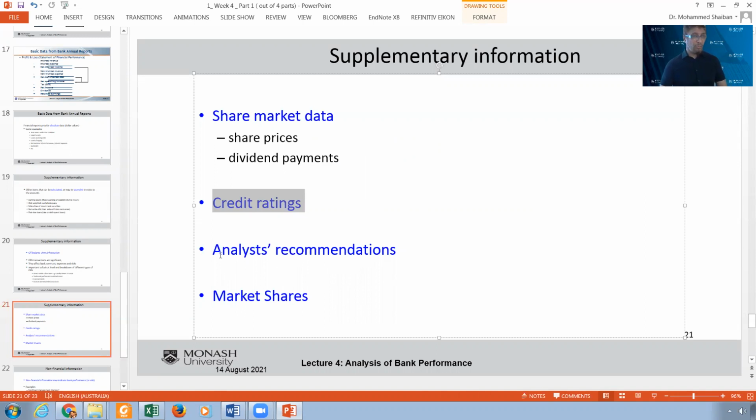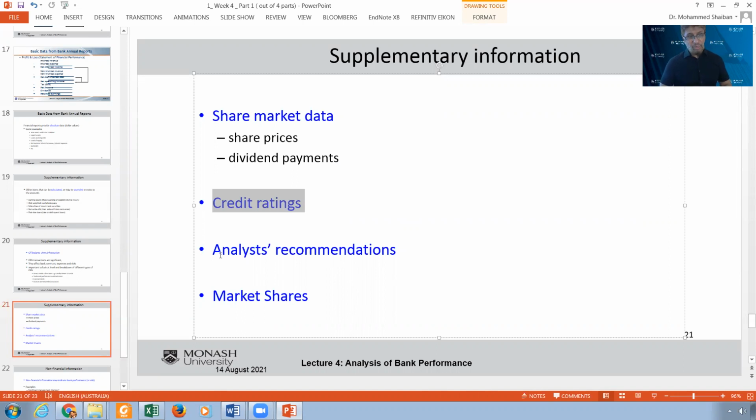Analyst recommendations: some companies have many analysts who produce information, follow a company and collect information about it. This is one of the most important mechanisms in the free market.